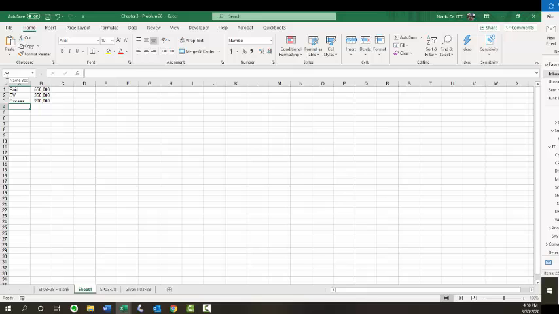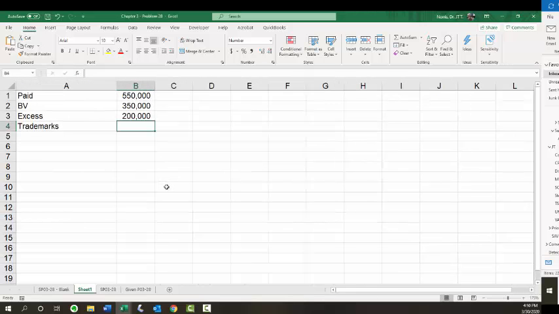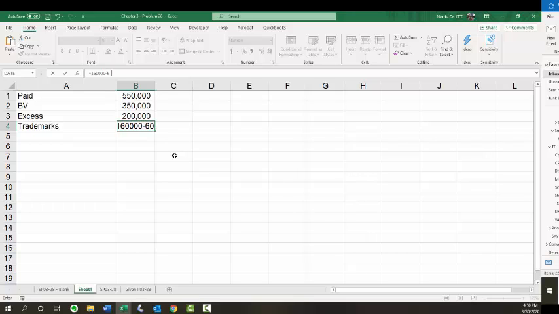Then we had trademarks, with a fair value of 160 and a book value of 60.